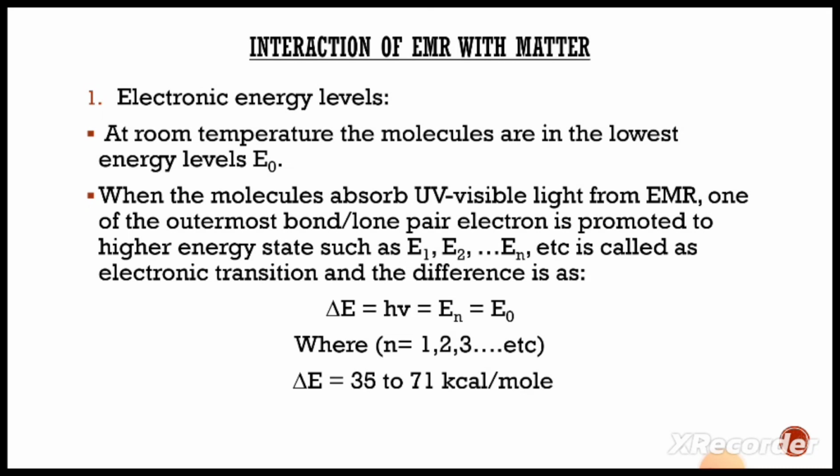This is called an electronic transition, and the difference ΔE = hν = En − E0, where n = 1 to n, and ΔE is 35 to 71 kilocalorie per mole. So the first term is the electronic energy levels.